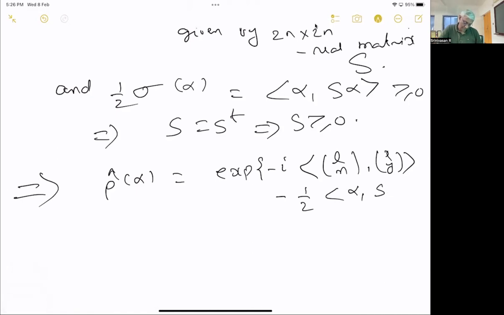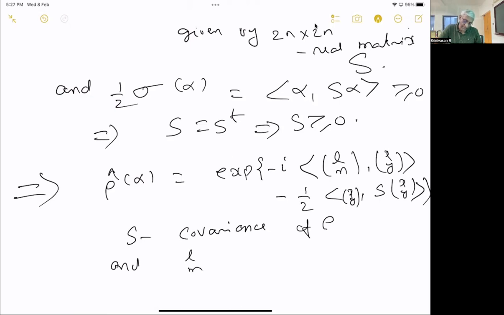I should write it as xy. So this is the form. This S is called the covariance matrix, the covariance of rho, and Lm we can call the mean. Or you can take the Lm vector also, doesn't matter. You can call it whichever, which is the mean of rho.